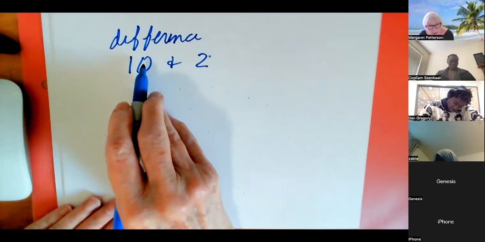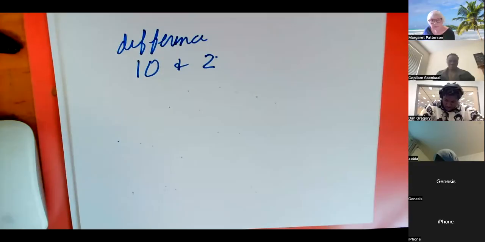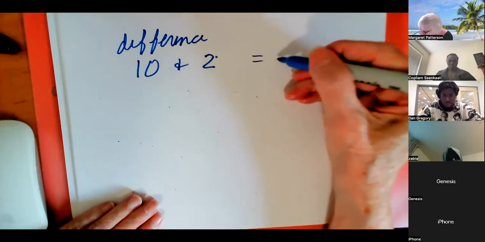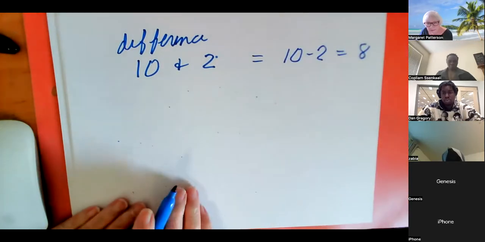Answer would be 8. In most cases, the order that they give them to you, 10 is first, 2 is second, that's how you subtract them. I want to subtract the 10, take away 2. So the difference of 10 and 2 is 10 minus 2, which is 8.